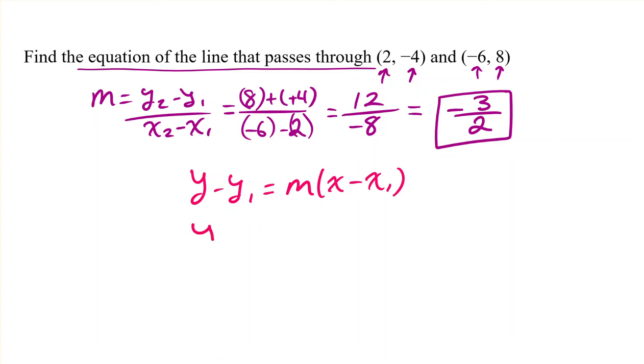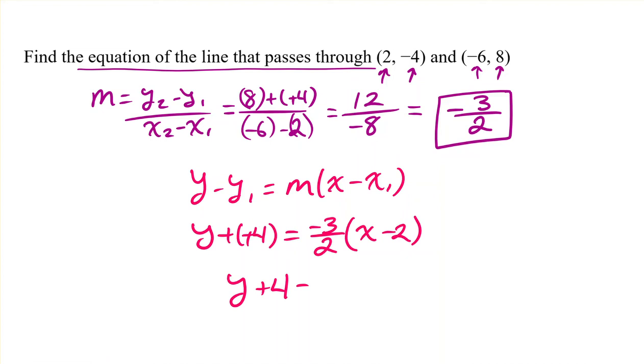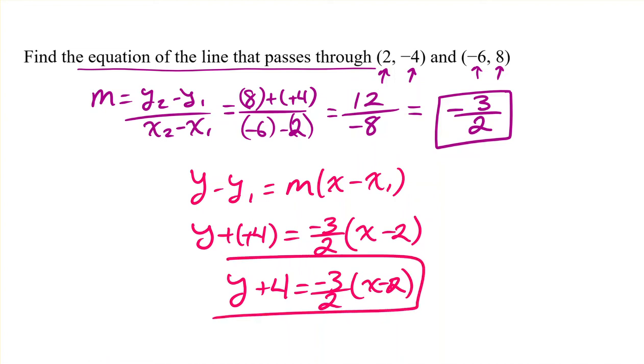So y minus negative 4 is the same thing as y plus 4, equals negative 3 halves times x minus 2. Perfect.